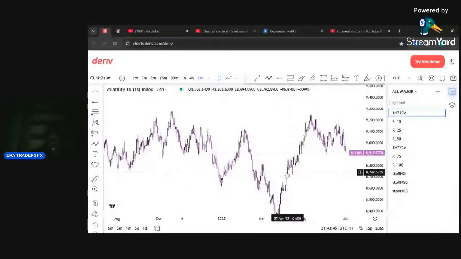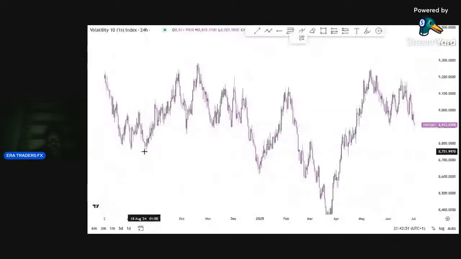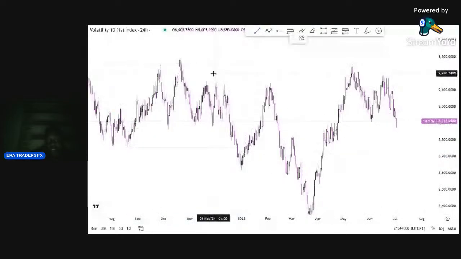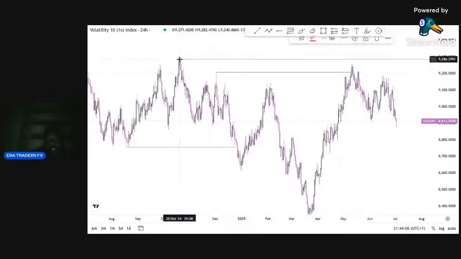So, yeah, this is it clearly. I don't need to go to my weekly time frame, although I will still go there to check for anything that's contrary to this. But I saw a clear break of structure to the down. This was a clear structural liquidity, and this is a protected high.